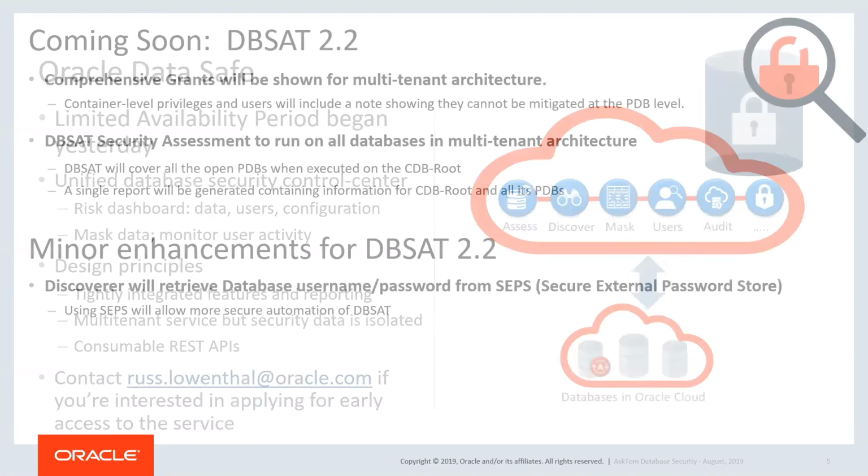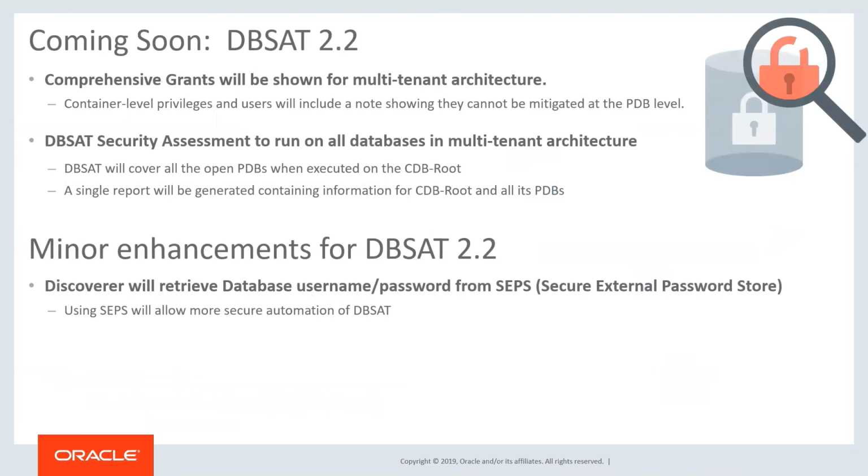We're also really excited that this month, if things stay on track, we'll be releasing version 2.2 of the Database Security Assessment Tool. The main development focus for this version has been better integration with multi-tenant architecture, and we've really done two things in this version for multi-tenant.